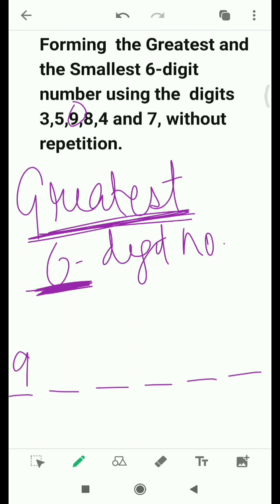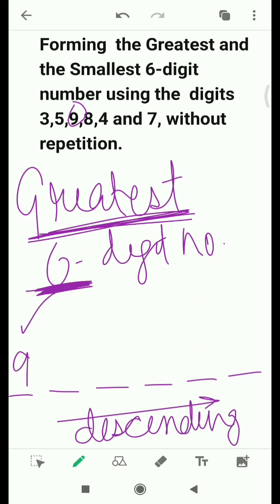Okay, after that, since the greatest digit has already been written here, the rest of the digits will be written in descending order, from bigger to smaller. So after 9, we choose the smaller digit, that is 8. Smaller than 8 is 7. Smaller than 7 is 5.